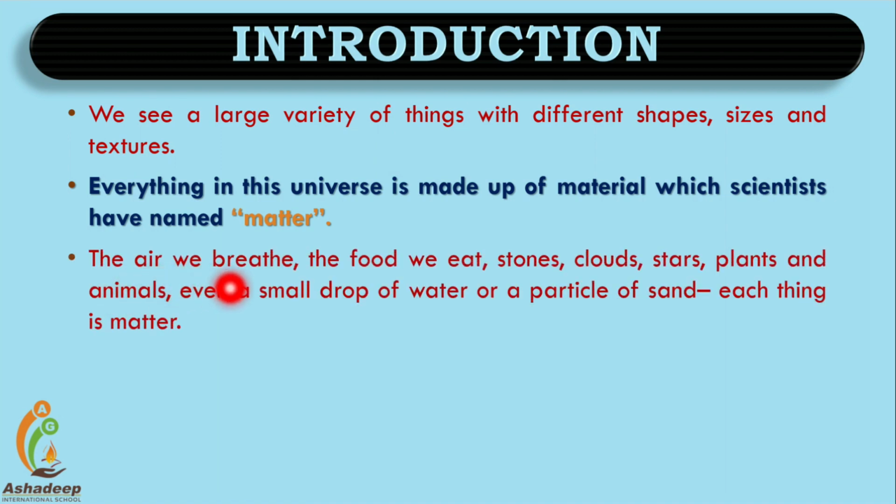The air we breathe, the food we eat, stones, clouds, stars, plants and animals, even a small drop of water or a particle of sand, each thing is matter. So you can see here that all the things are considered as matter.